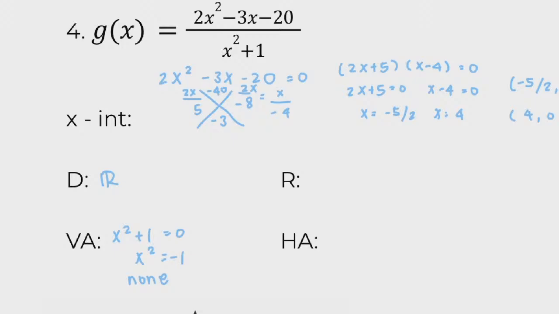For the numerator, the degree is 2 because the highest power is x squared. And the degree of the denominator is also 2 because the highest power is also x squared. So we're taking the coefficients in front of the x squared. In the numerator, that'll be 2. In the denominator, that'll be 1. So that means our horizontal asymptote is at y equals 2.